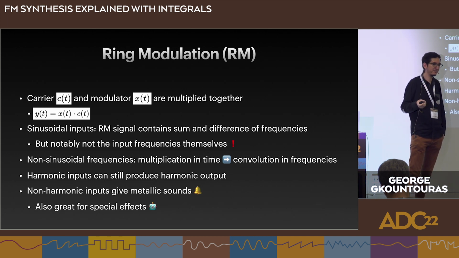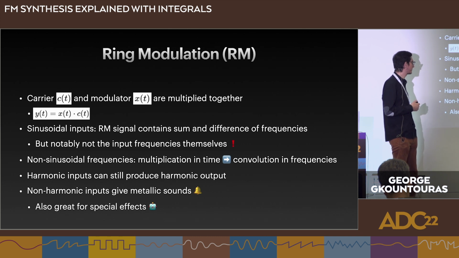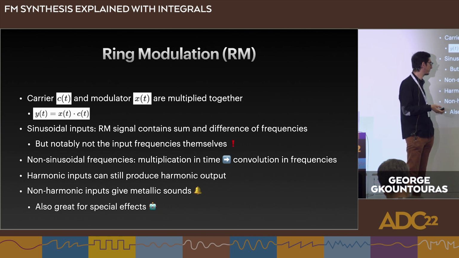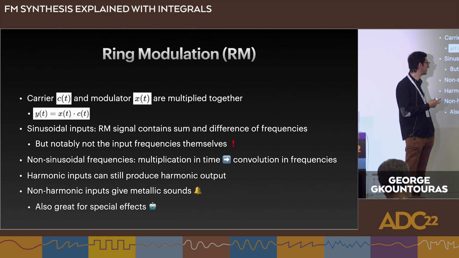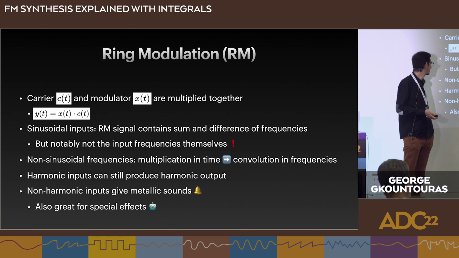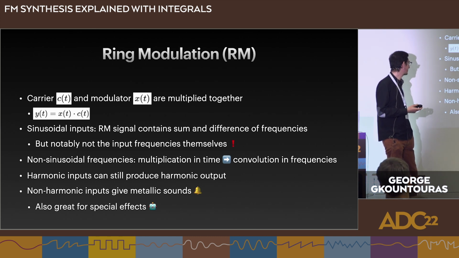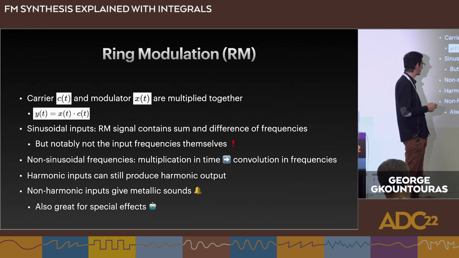It's good for special effects, mostly. If you do this with arbitrary waveforms, you have a multiplication in time, so it ends up as a convolution in frequencies, and harmonic inputs can still produce somewhat harmonic output.